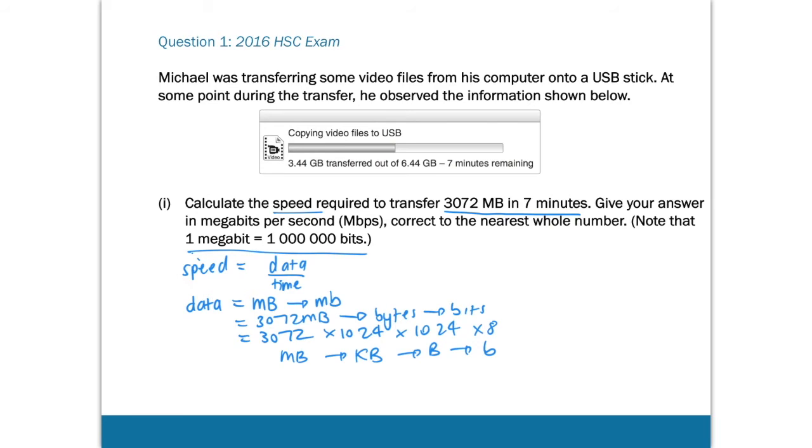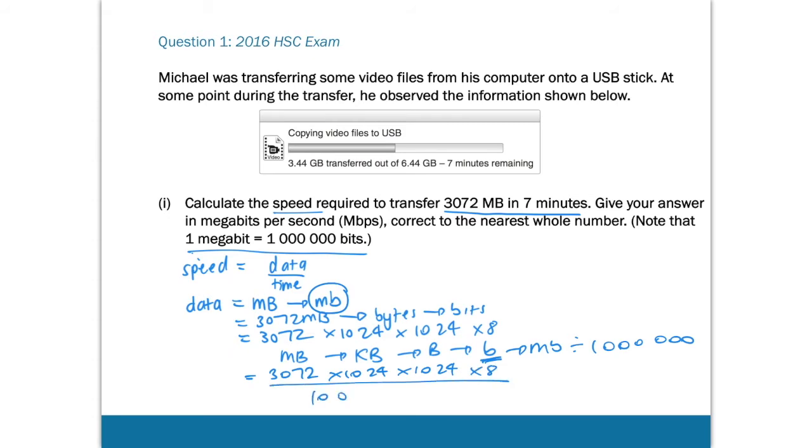And then after this, we'll have our answer in bits, but we need it in megabits. So in order to convert bits into megabits, we divide by 1,000,000, because that's what it says in our question. So it would be 3,072 times by 1,024 times by 1,024 times by 8 over 1,000,000. And that is how much data we have.